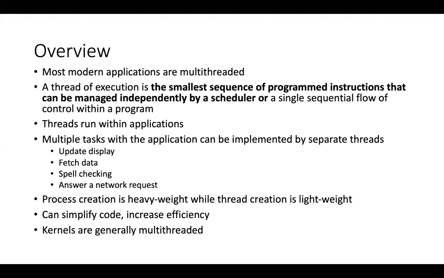It could be a single sequential flow of control within a program. So just like we said yesterday, we have a program which is passive, and that's the bigger thing, Microsoft Word, for instance, and then we have the processes. If I open different files that I'm working on, those are the different processes that are running within that program, Microsoft Word.